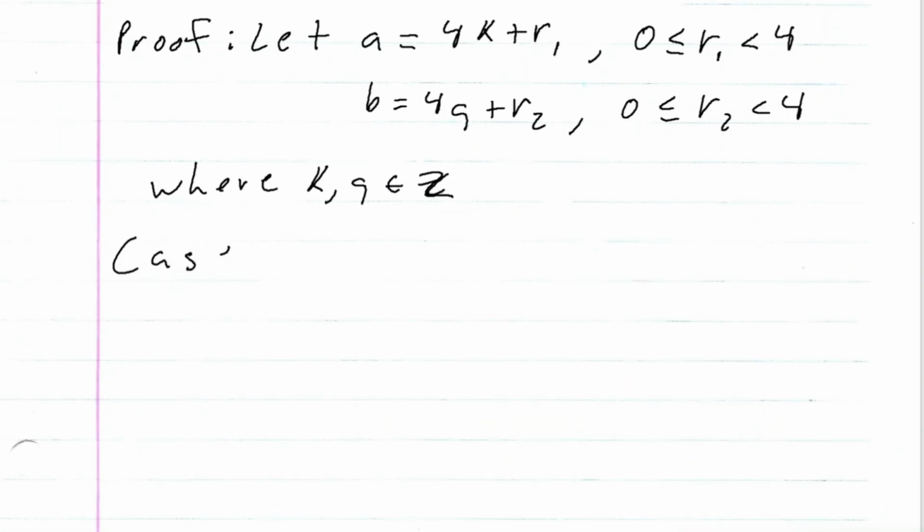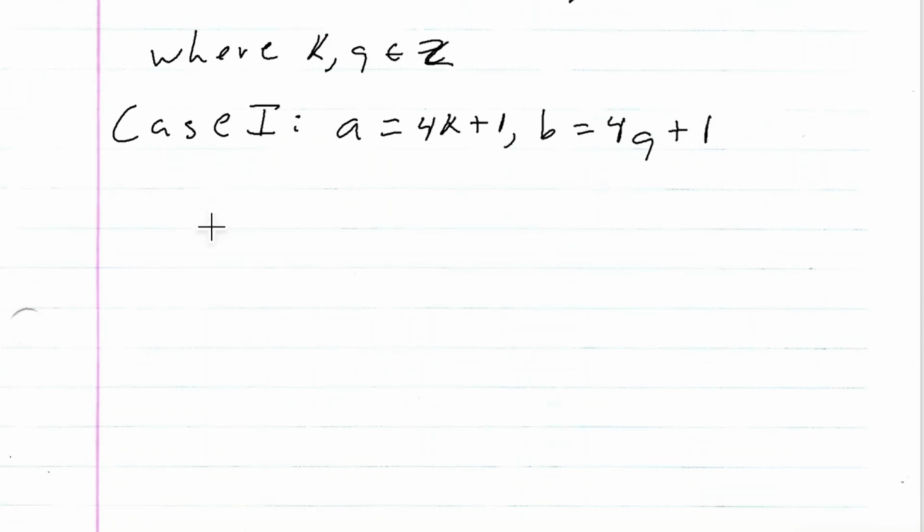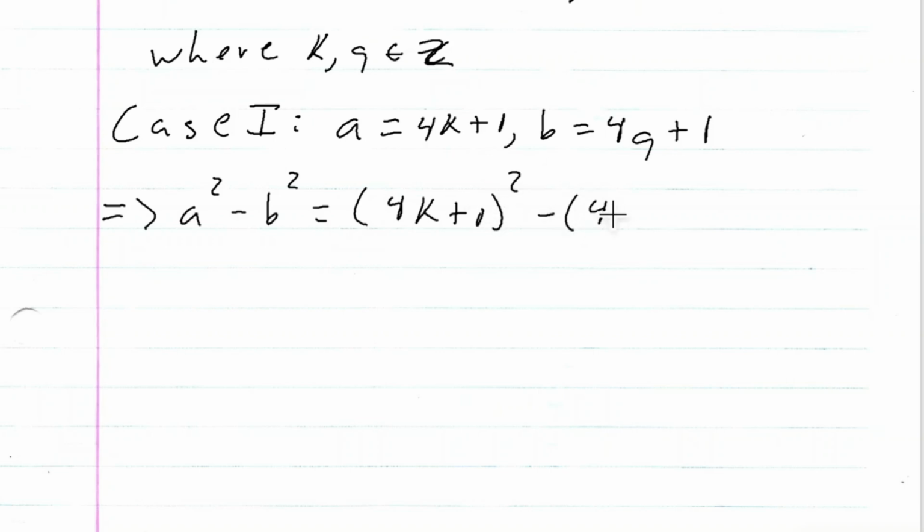So the first case, we're going to have where a is equal to 4k plus 1 and b is equal to 4q plus 1. All right, so this means that a squared minus b squared is equal to (4k plus 1) squared minus (4q plus 1) squared.